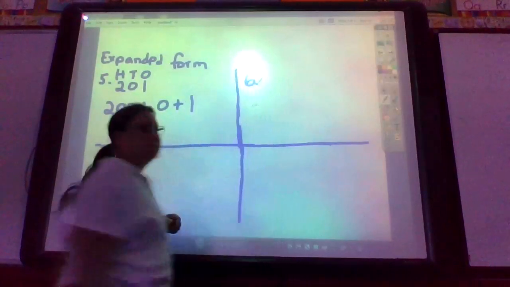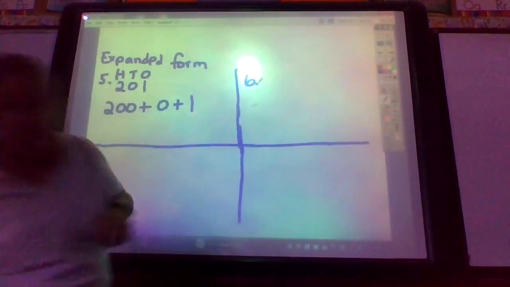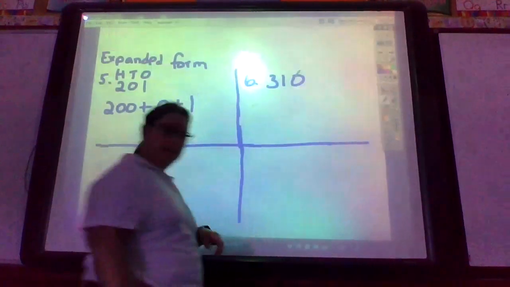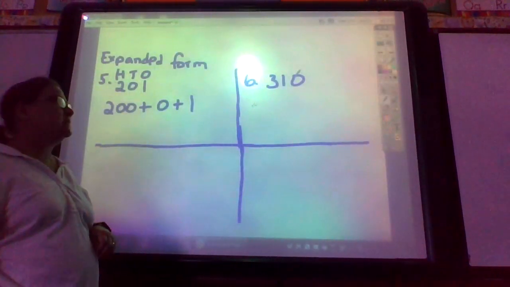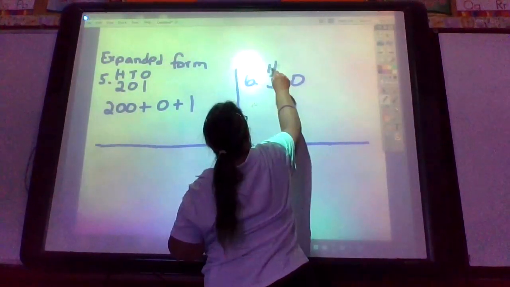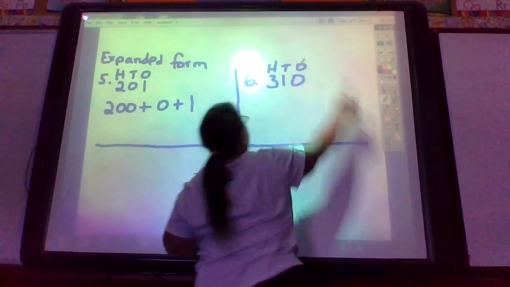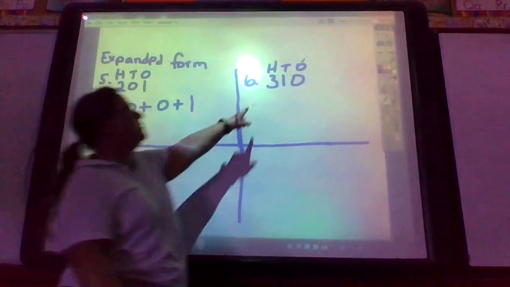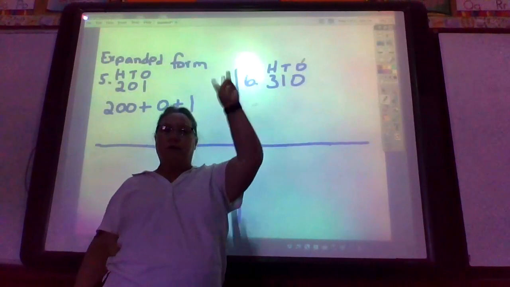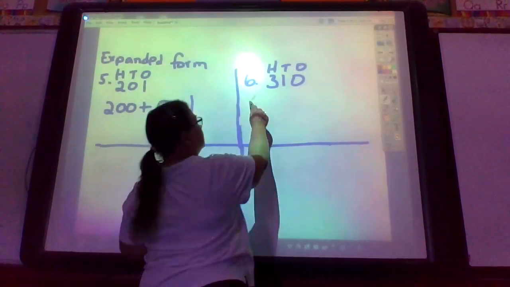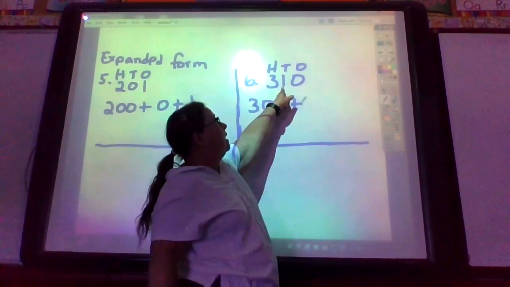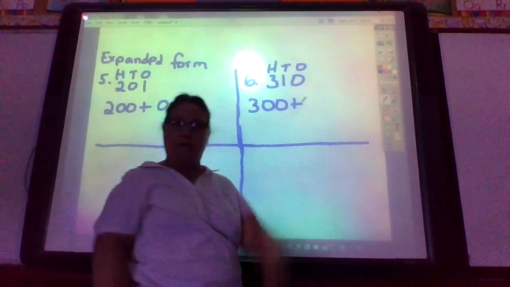Let's look at number 6. Number 6 is 310. I read from left to right, I label from left to right. Hundreds, tens, ones. How many hundreds do I have? 3, 100, 200, 300. So I write my 300. Plus, how many tens do I have? 1.